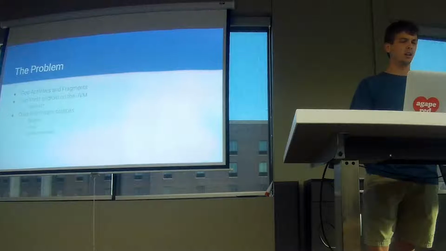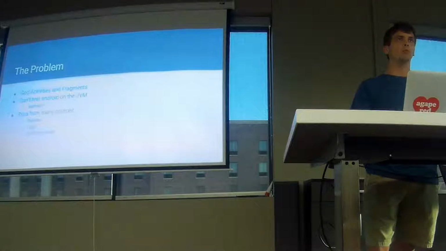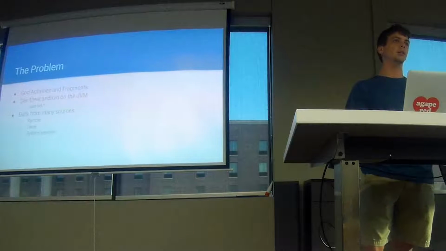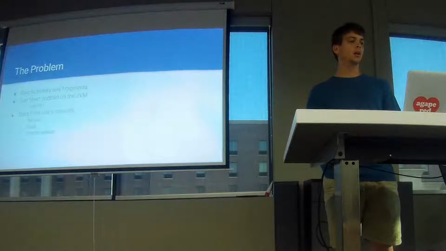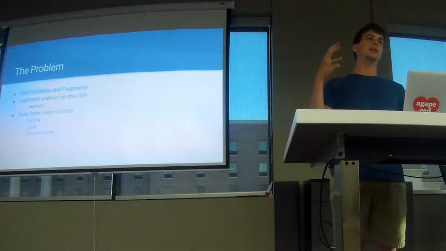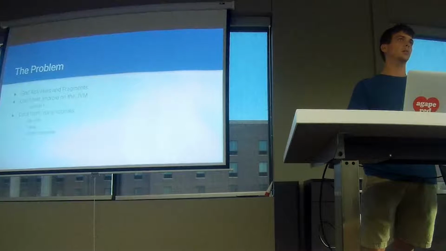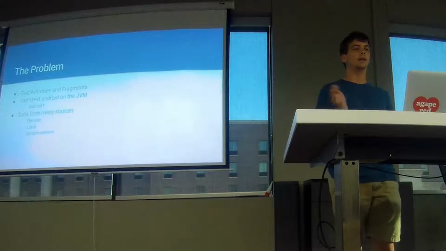And the problem with that is it's not very testable as well. You can't run the Android APIs in the JVM, so you can't really unit test these fragments and activities that have these lifecycle calls. You can as time goes on, because the tools are being built for it, but they're always kind of lagging behind.